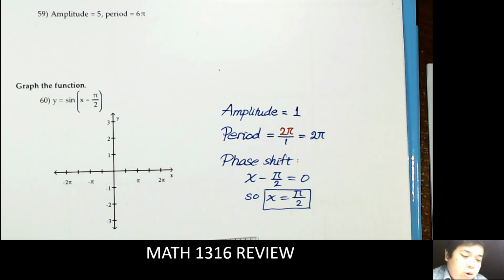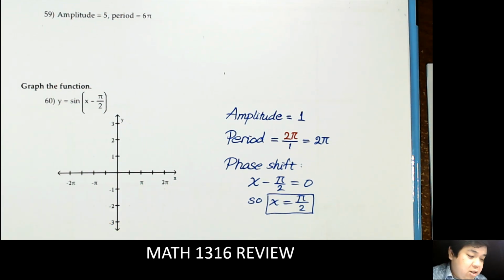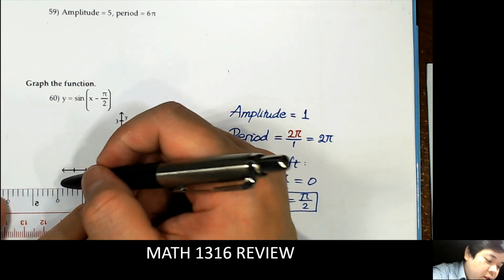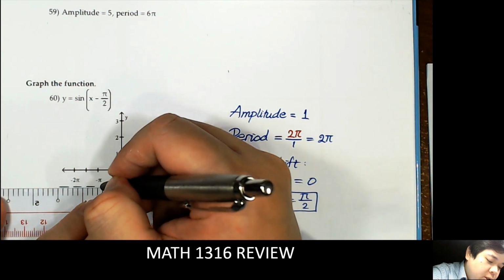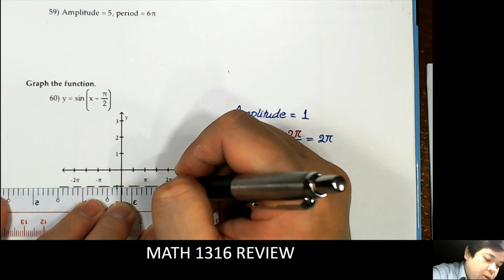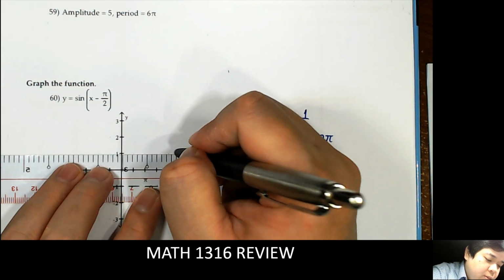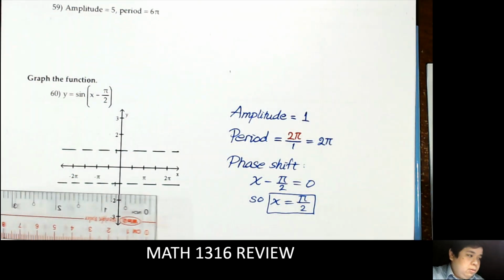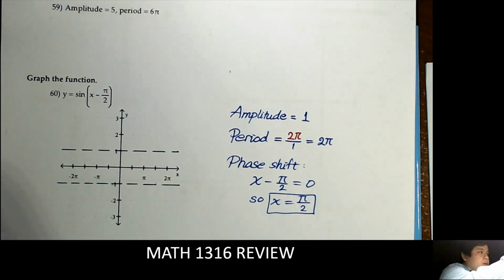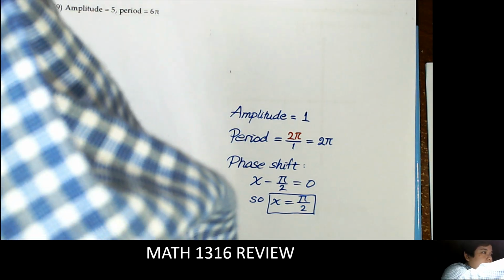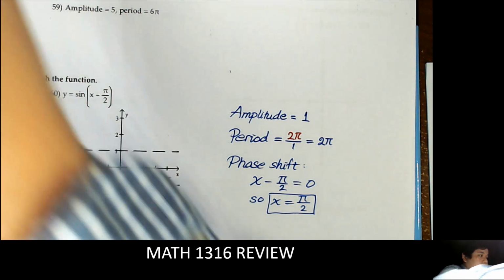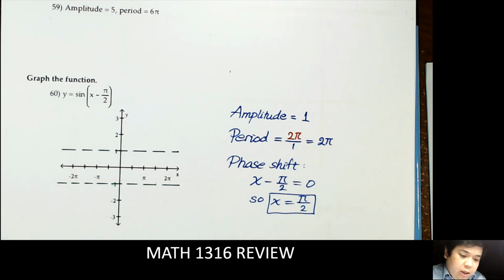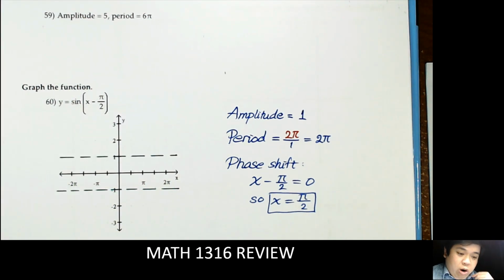Right. So the amplitude is 1, so that means the graph is between negative 1 and 1. The period is 2 pi, but it's not from 0 to 2 pi.